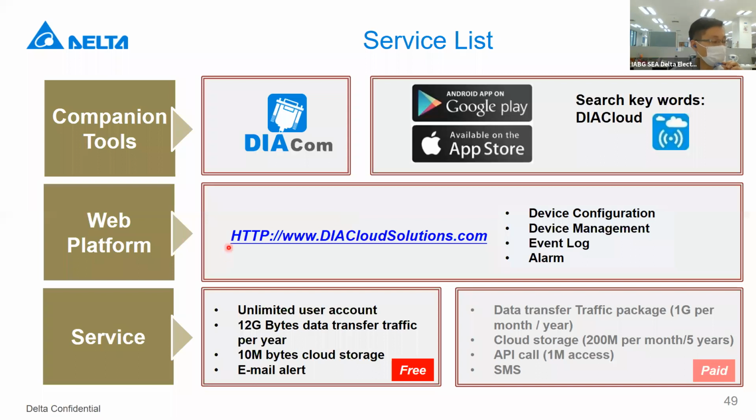The only cost is buying the hardware, and then we provide unlimited user accounts, and also 12 GB of transfer traffic per year. That means 1 GB per month. This is for the data transfer.